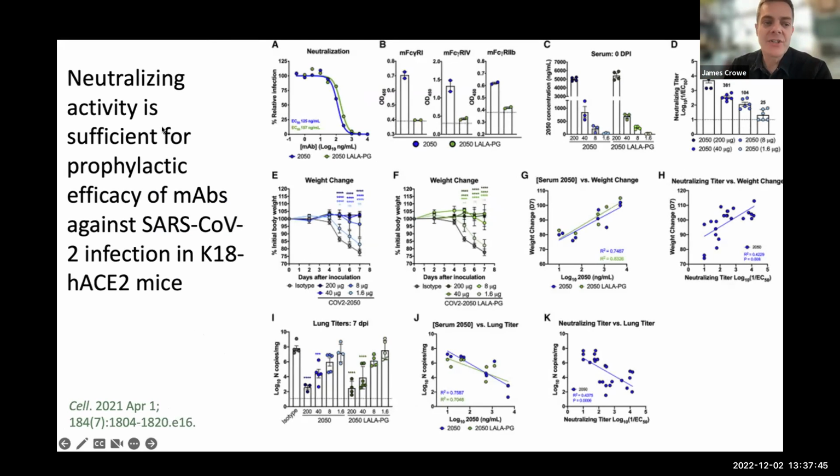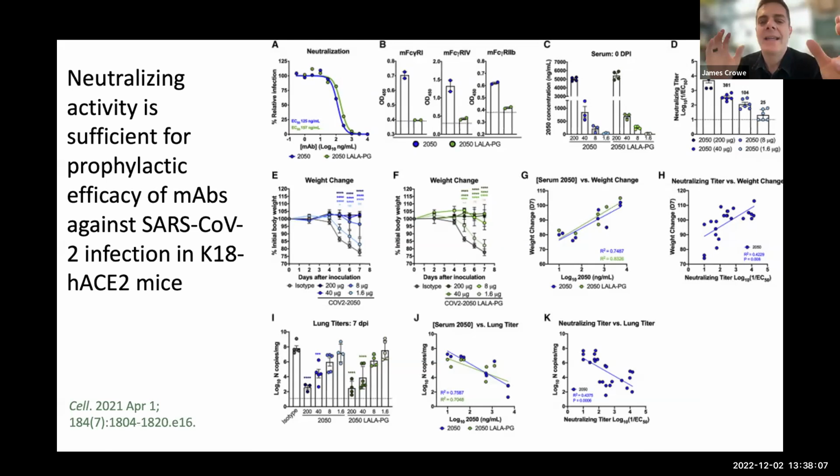In prevention, we found the neutralizing activity is sufficient. And how do you do that? Well, you take an antibody, this one's called 2050, and you make a matched molecule that has LALA-PG, which are multiple mutations in the Fc region where you knock out activity. People have studied LALA before.